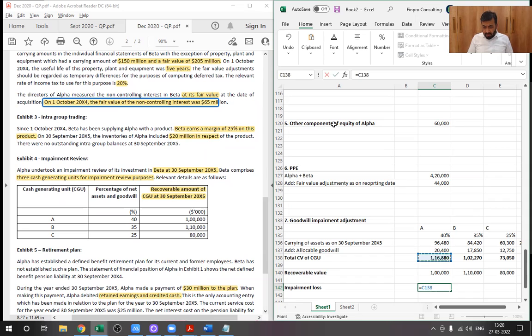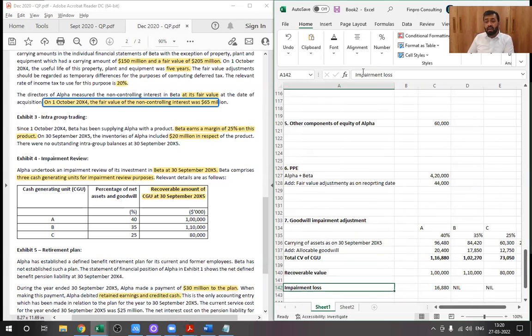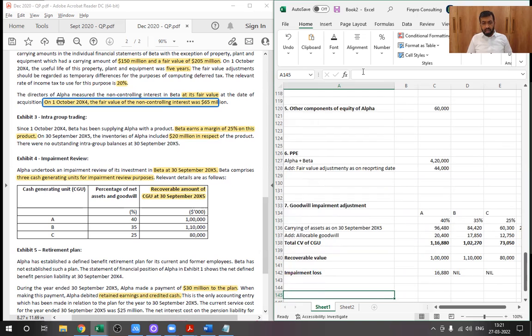Where your carrying value exceeds your recoverable value, you need to bring down the carrying value to the recoverable value. So 16,880 is the impairment loss. Others, there is no loss, where carrying value is actually less than the recoverable value. So this recoverable value is higher, and that's why there is no impairment loss. Correct? So impairment loss is 16,880.